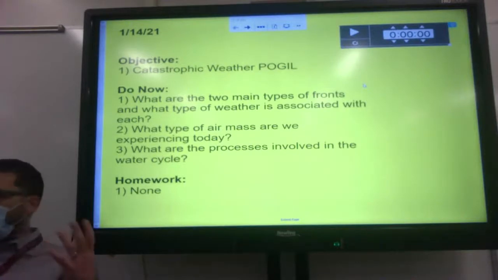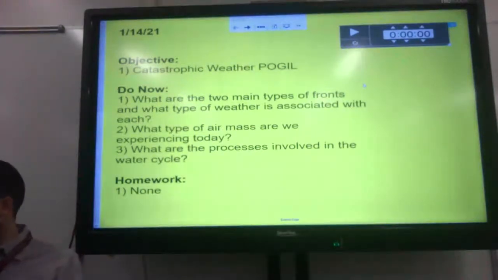So we have precipitation, condensation, but I can't have condensation unless this process happens first. What's the process that turns liquid water into water vapor? Evaporation. There you go. Evaporation, condensation, precipitation. Those are the 3 processes. Good. All right. And the one thing I want to point out, weather wouldn't be possible if there was no water cycle.